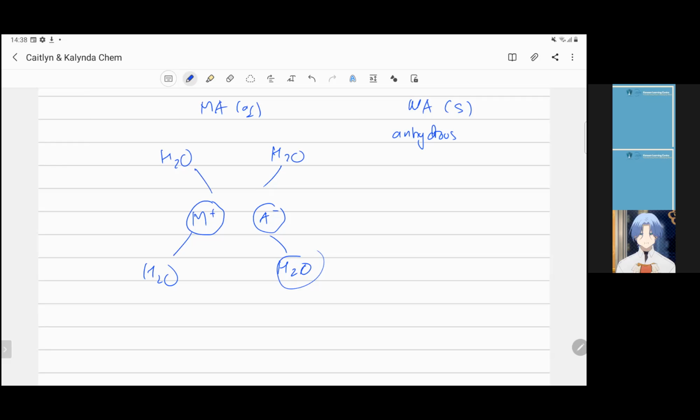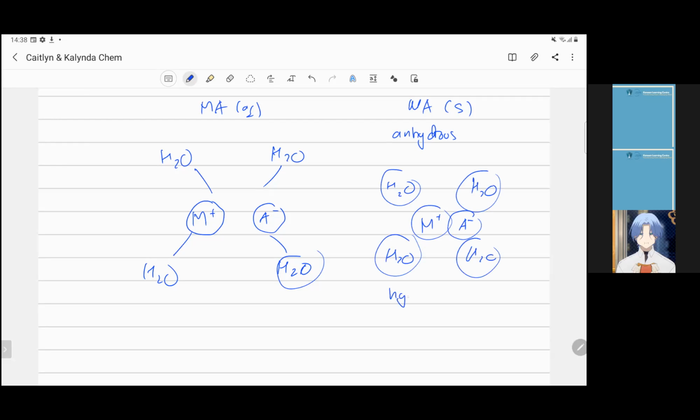So when you dry them, you have M and A, but there will be water permanently bonded into them. In this example, I am giving 4 water for every salt one here.